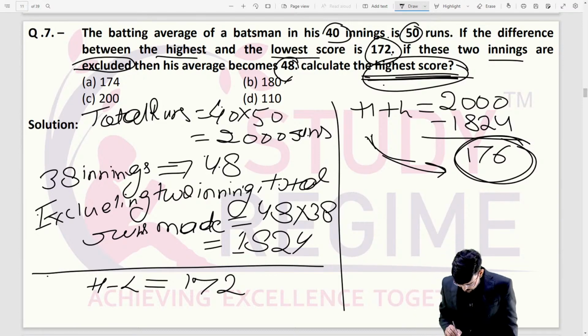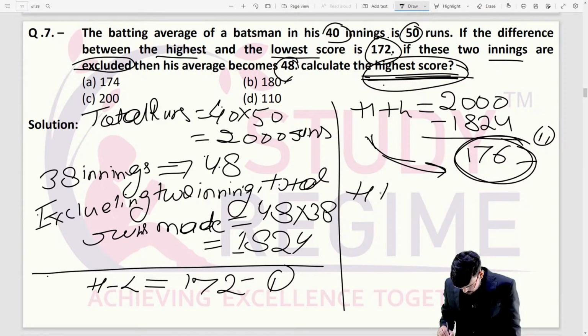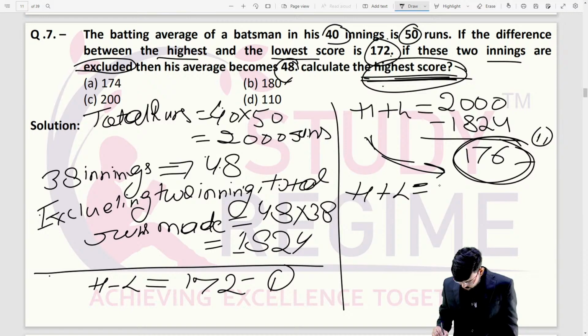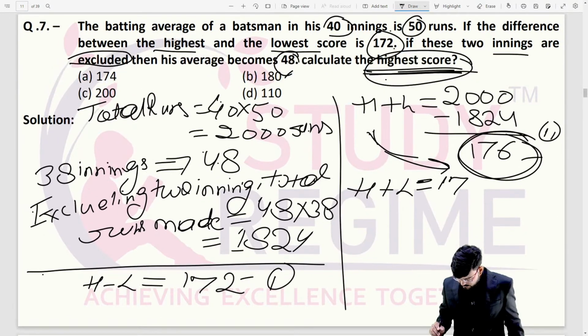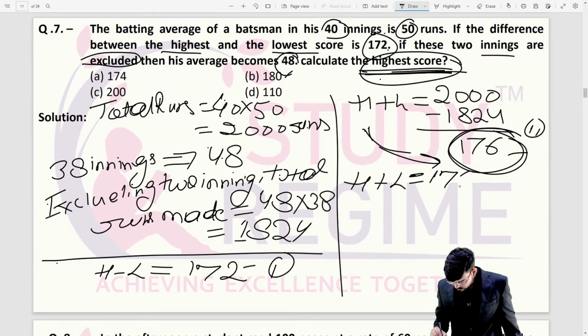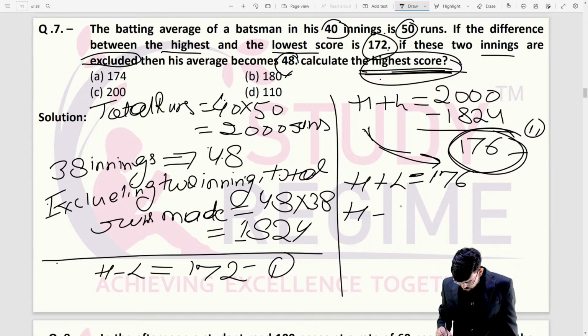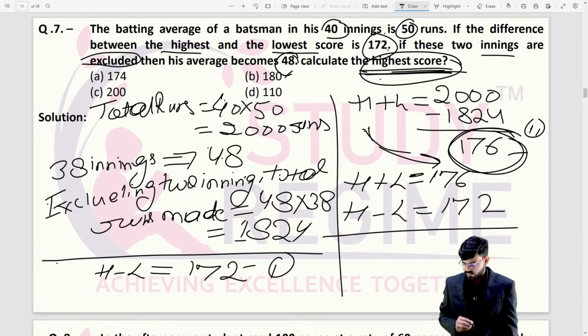Now here is the first equation and here is the second equation. I can write this equation as H plus L is equal to 176, and the difference is given as 172. These equations can be easily solved simultaneously. On adding the first and second equations, L gets cancelled out because of opposite sign.